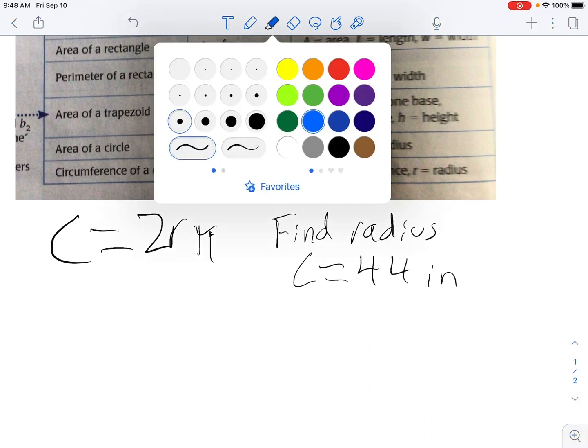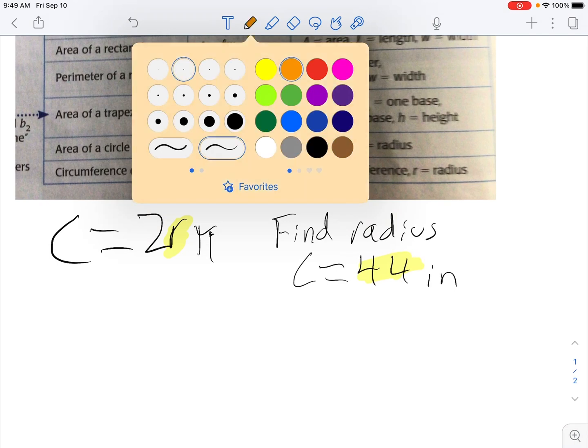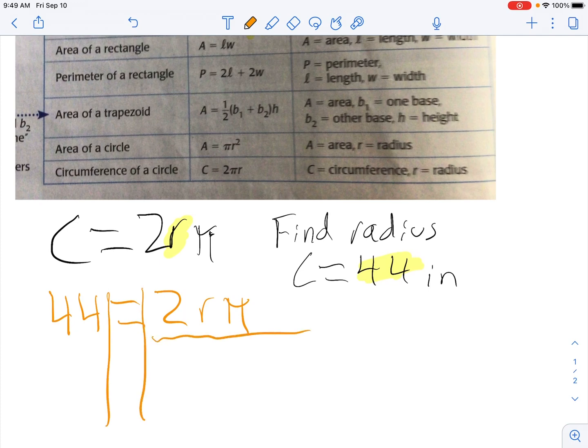What I need to do is, my goal is to find the radius, correct? So that means I need to get r by itself. Now I'm going to plug in what I know. I know that the circumference is 44, so I'm going to plug that in. 44 equals 2 times the radius, which we want to get by ourselves, times pi.